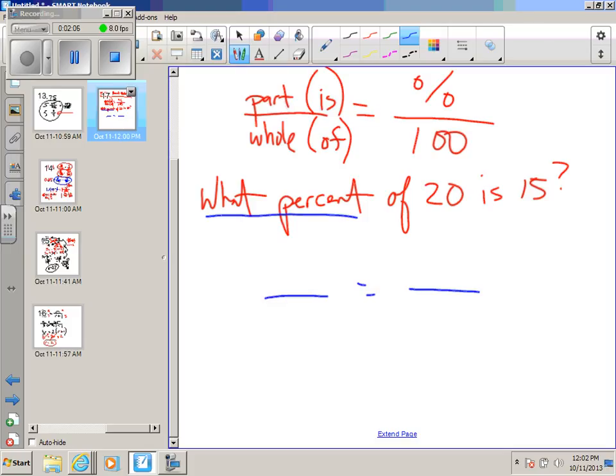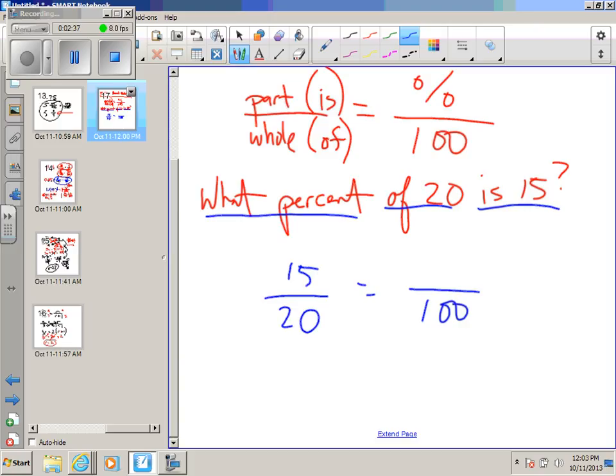No. So what I'll most likely be finding is this part. That 100 is known as a constant. Why do we call it a constant? It doesn't change. Of 20 is 15. 15 over 20.